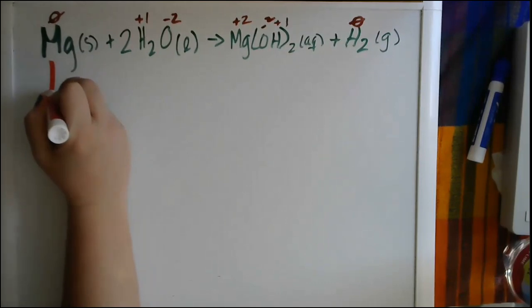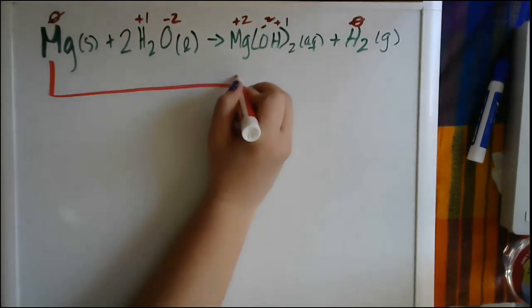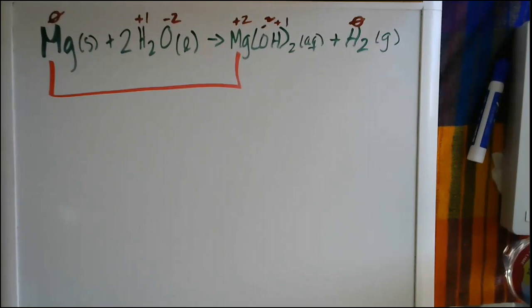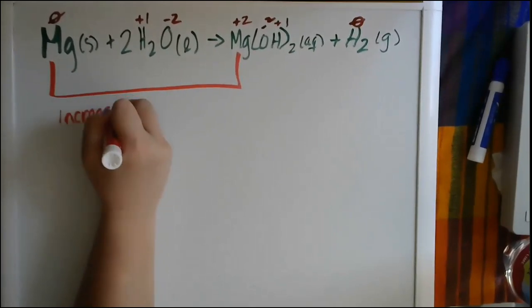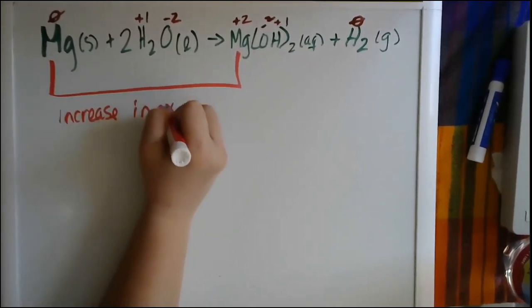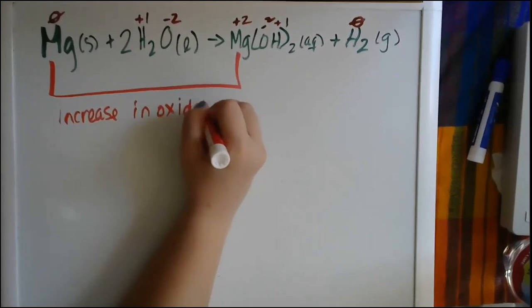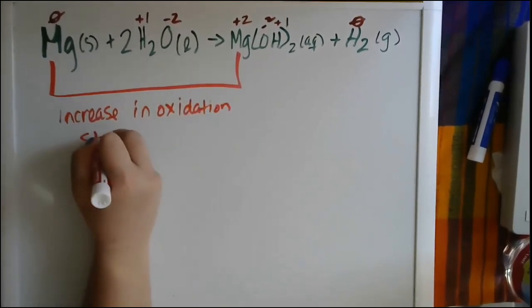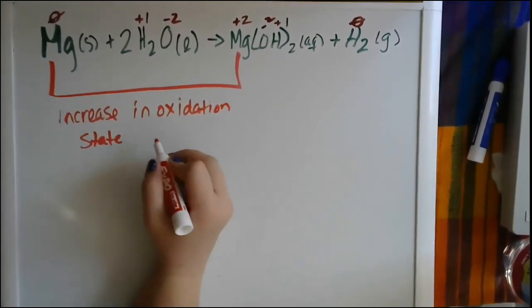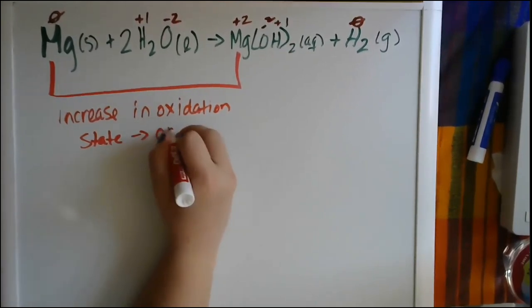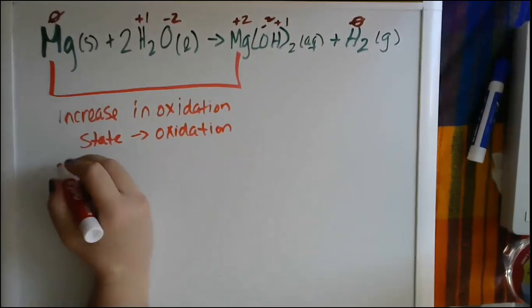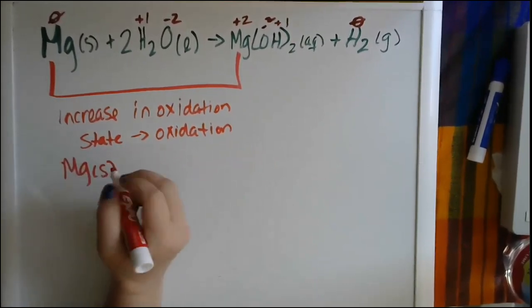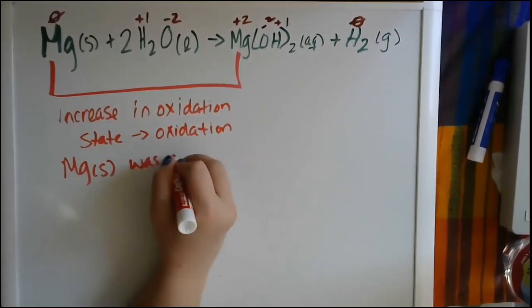Magnesium went from an oxidation state of 0 to an oxidation state of +2. When we have an increase in oxidation state, that means we have oxidation. That means magnesium was oxidized.